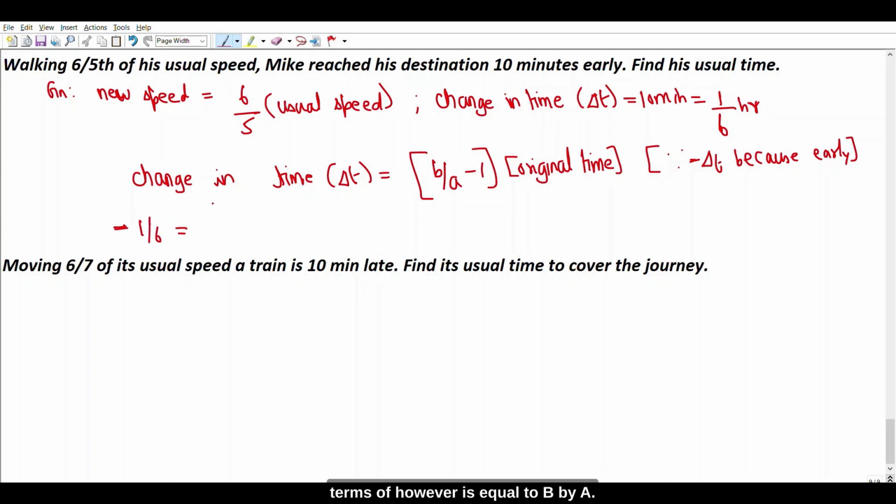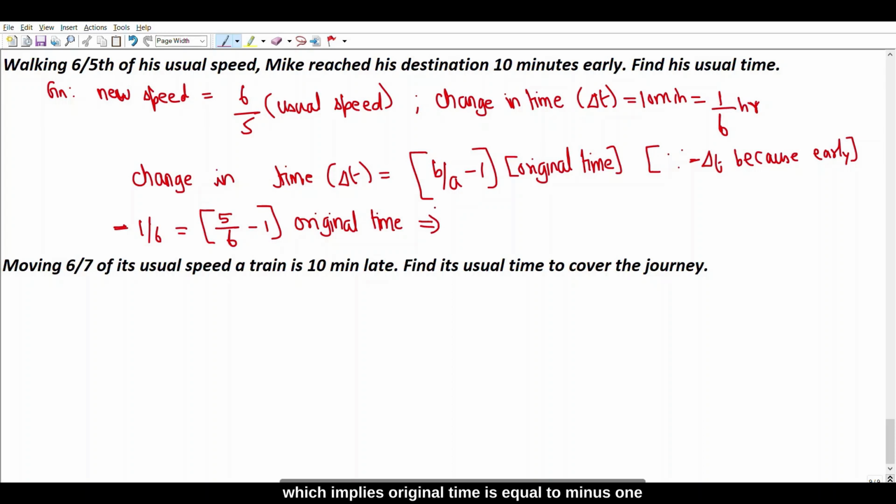equal to b by a. In the question it would have been written as a by b. Therefore reciprocating we get 5 by 6 minus 1 multiplied by original time, which we need to find.